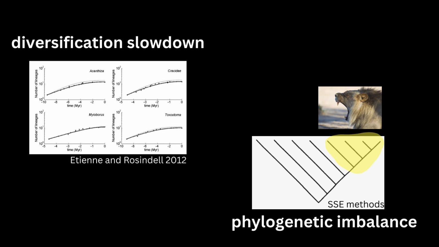Now, the models that test for correlations like this between certain traits of the species and rates of diversification, so speciation and extinction rates, are called SSE methods or SSE models. That stands for state dependent speciation extinction.